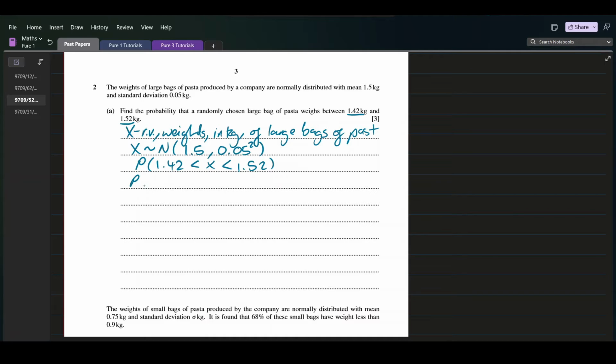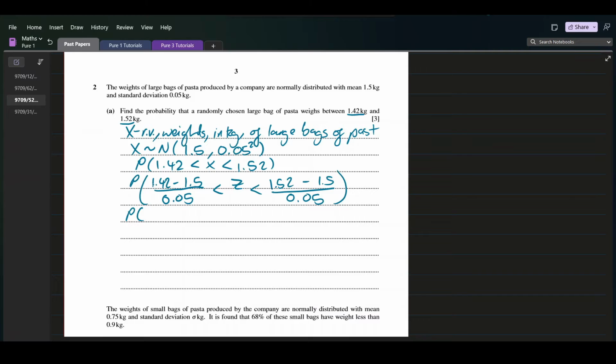Let's standardize, so that will be (1.42 − 1.5) over sigma, which is 0.05, and that's Z, and (1.52 − 1.5) over sigma, 0.05. Let's punch that into the calculator.